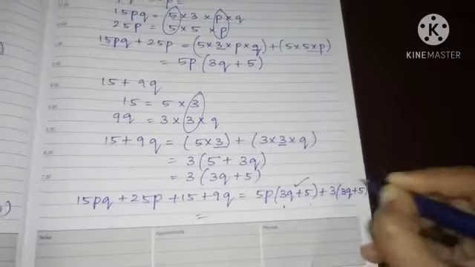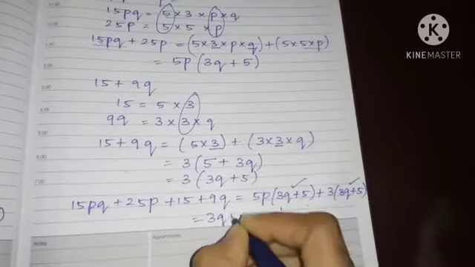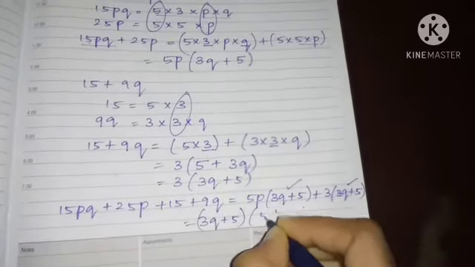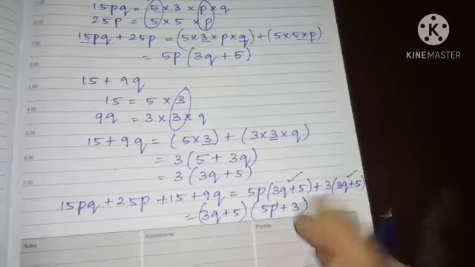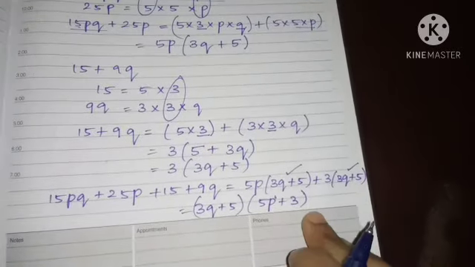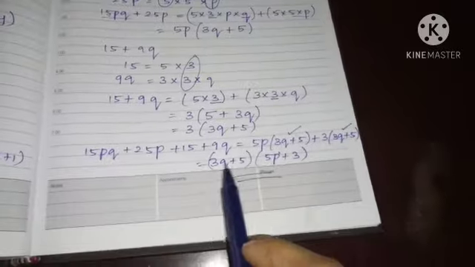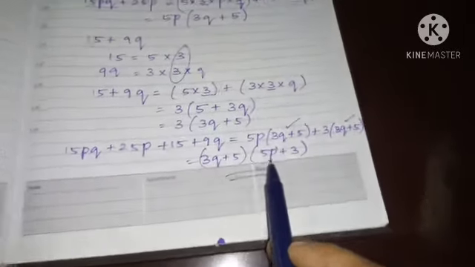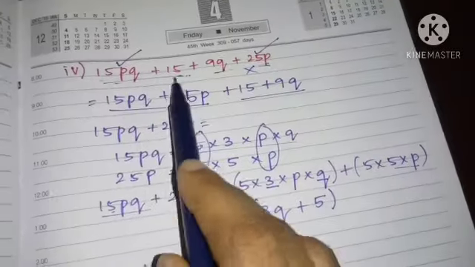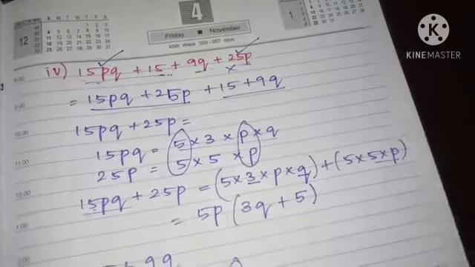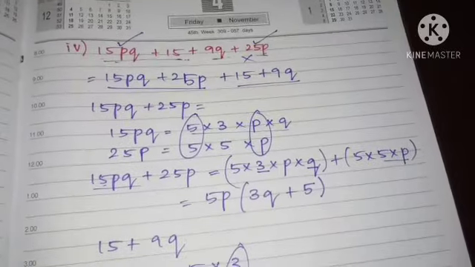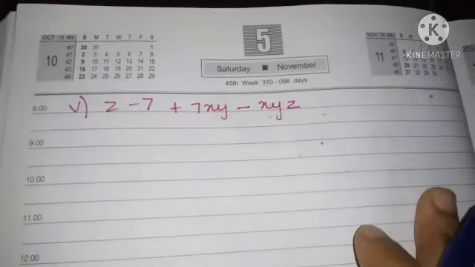This and this are same. So 3q plus 5 of 5p plus 3. So this is your final answer. If you multiply this, 3q plus 5 of 5p plus 3, you will get 15pq plus 15 plus 9q plus 25p. Understood?